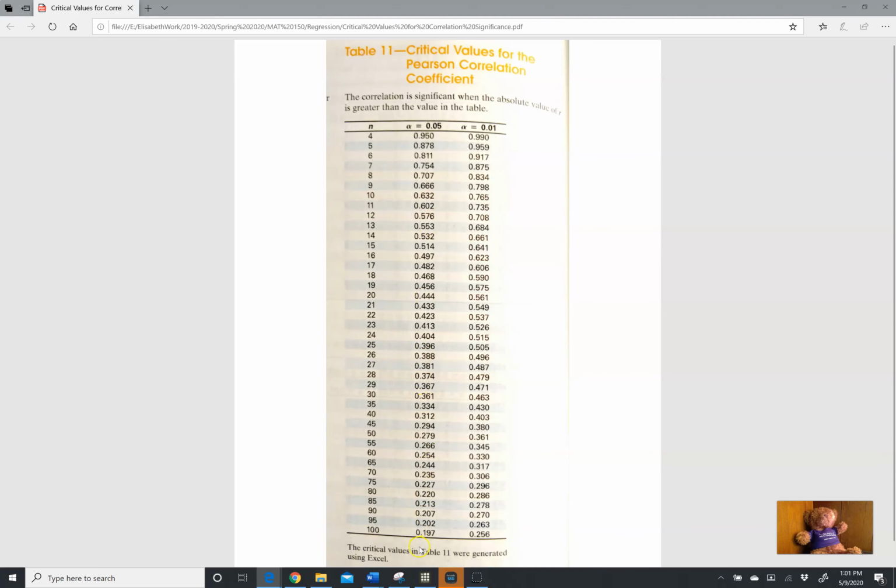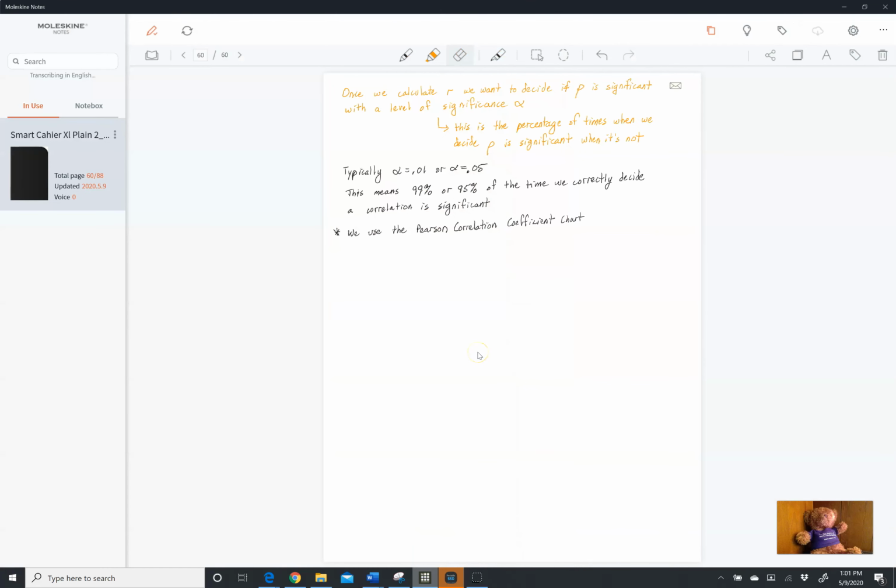Okay, and what we're doing is we're saying if the absolute value of R is greater than the value in the table, the correlation is significant.